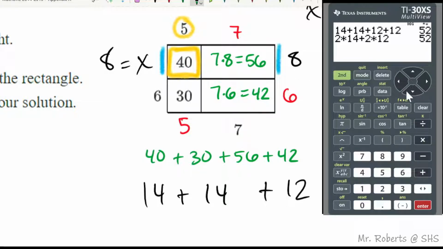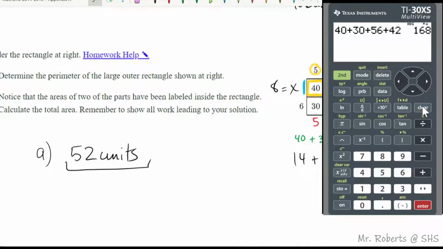Clear this. 40 plus 30 plus 56 plus 42. I get 168. So I get, from adding up each of those individual pieces, that the area is 168 units squared. This is an area, so there are square units.